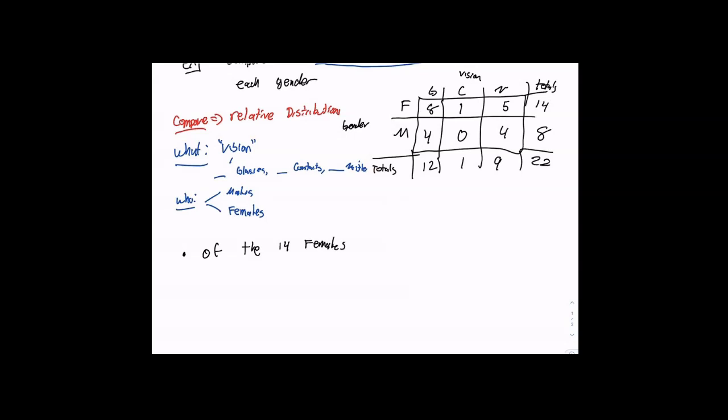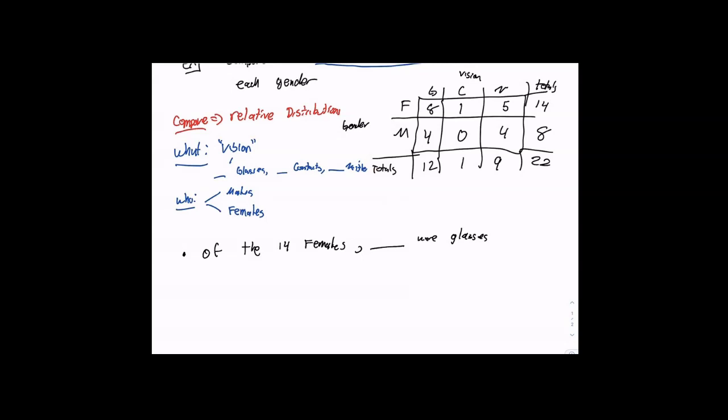All right. Blank wore glasses. Now notice that I didn't say the word vision, but because I'm breaking down vision, it's okay. If you want to add the distribution of vision to the beginning of your sentence, that's also correct.